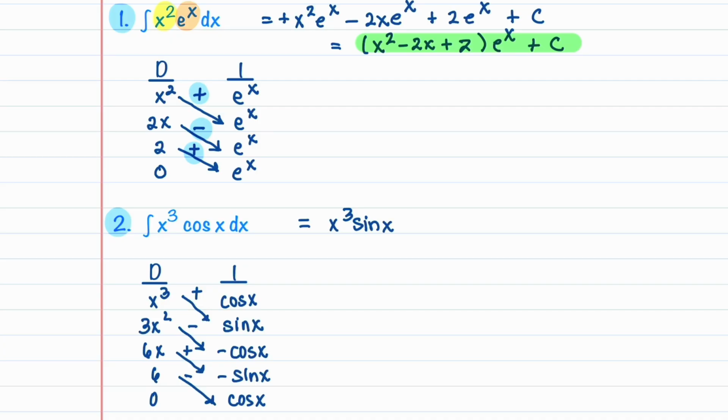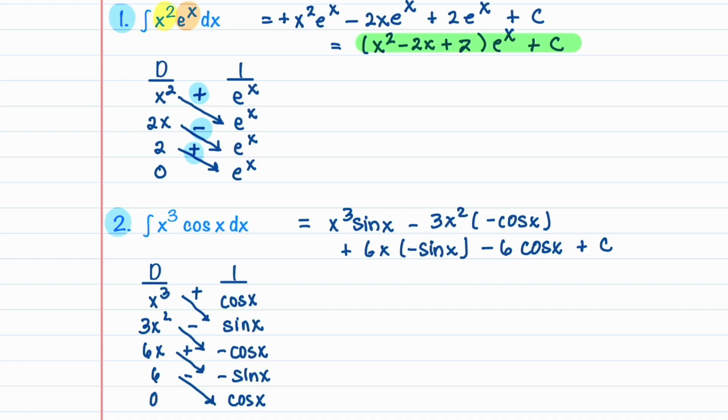And then we have a minus 3x squared times minus cosine x. And then we have a plus 6x times minus sine x. And then we have a minus 6 cosine x plus c. At this point, it's really good to go back and check your work and make sure you did all those plus and minus signs correctly.